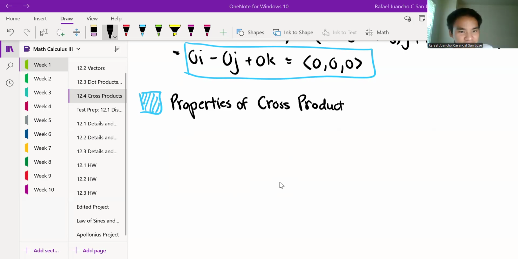So here's the theorem. We kind of talked about this the first time we encountered cross products.